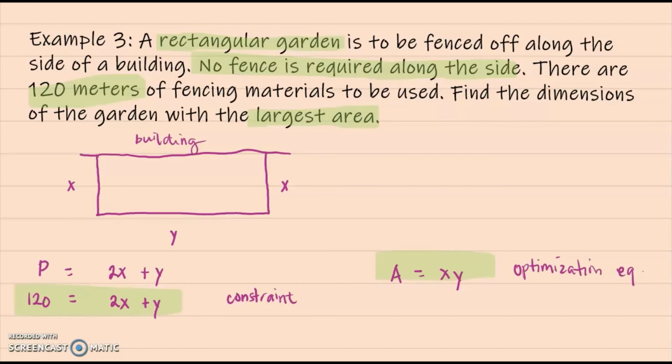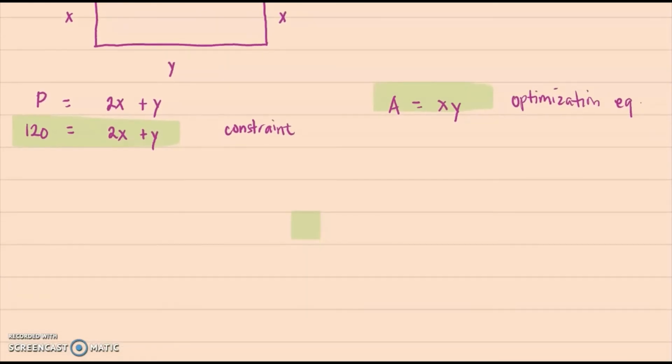Alright, next step is to solve for the value of y using our constraint. So we have 120 equals 2x plus y.